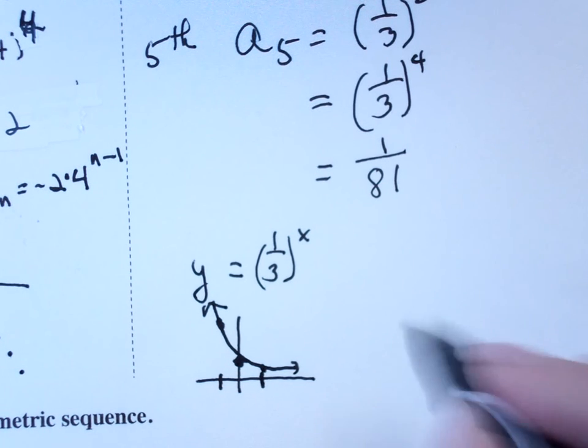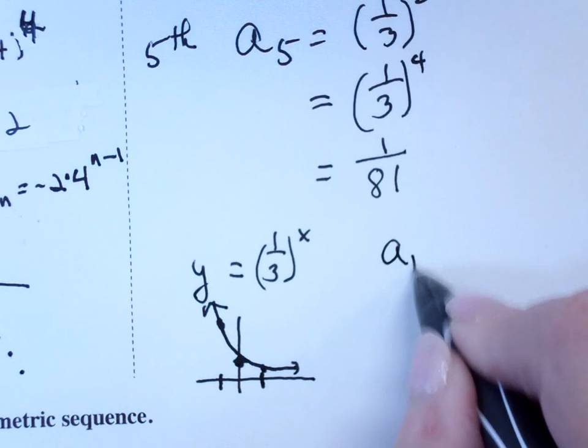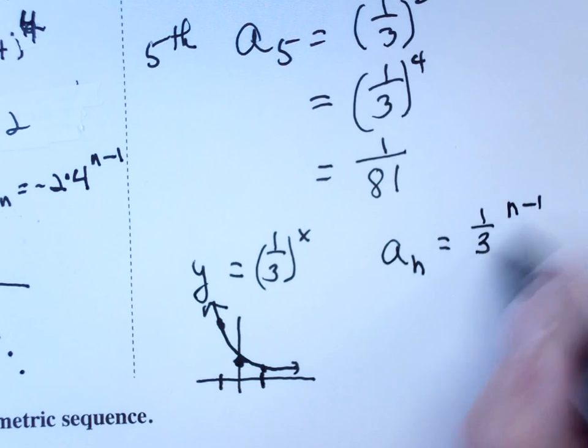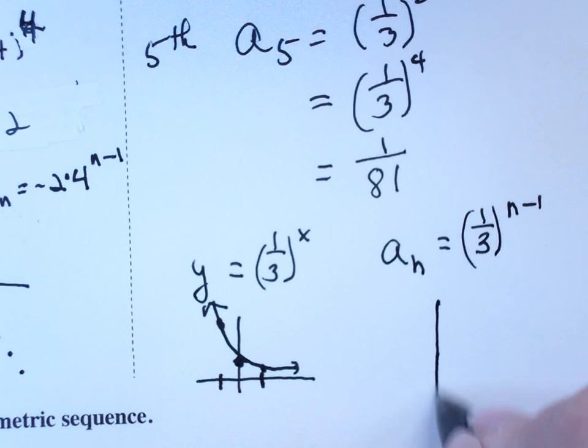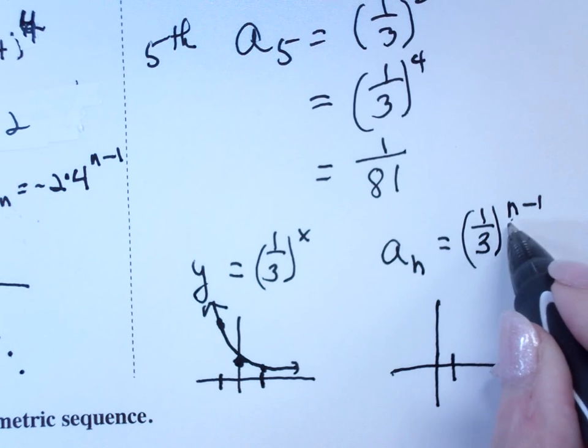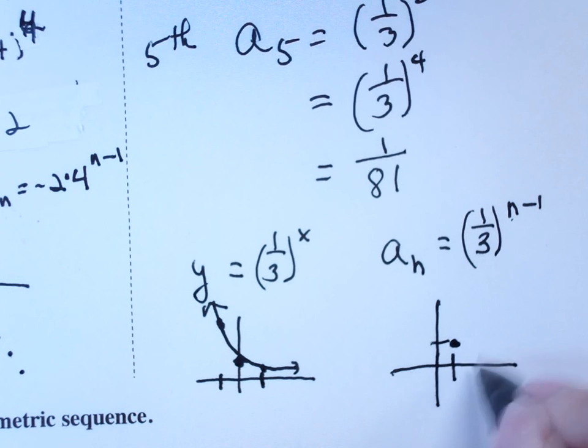The only difference is I'm looking at a sub n equals 1/3 to the n minus 1. At n equals 1, I get 1/3 to the 0, which is 1. And then it's going to continue down like that, a series of dots.